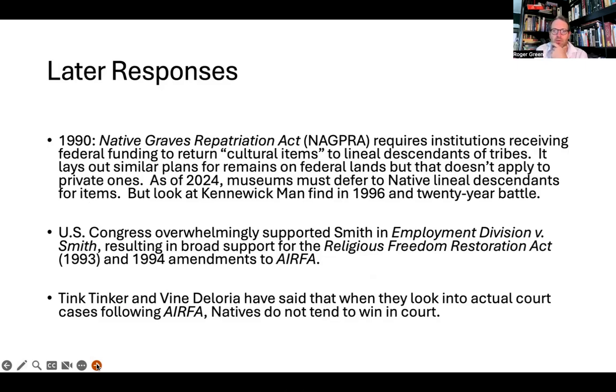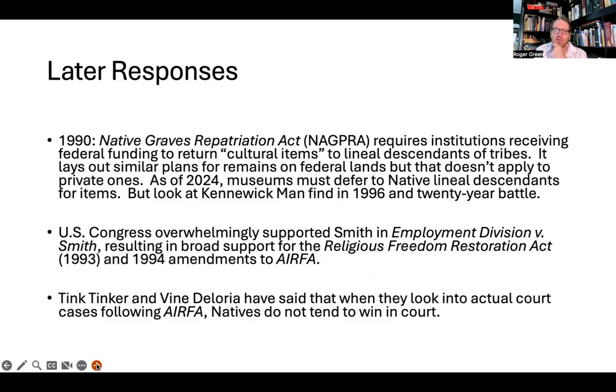It lays out similar plans for remains on federal lands, but that doesn't apply to private ones. So a lot of people who own native remains were descendants of Indian killers or Indian hunters, or state institutions that don't fall under the legislation of NAGPRA.